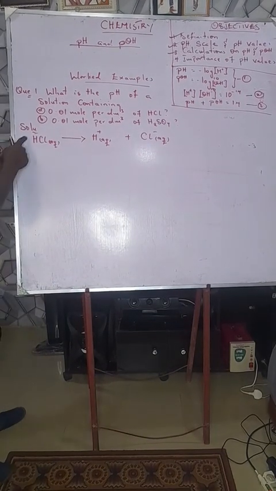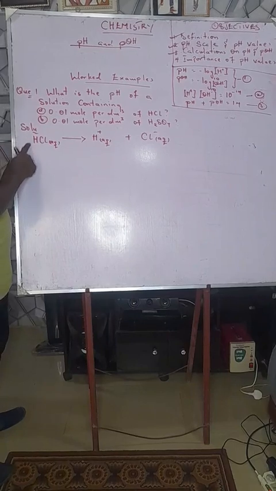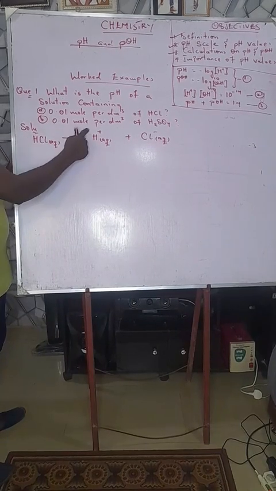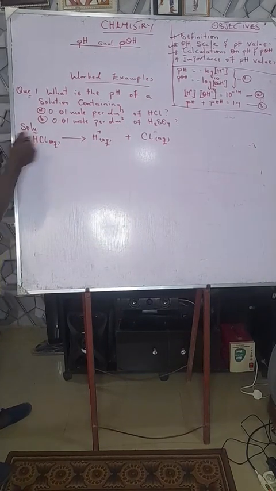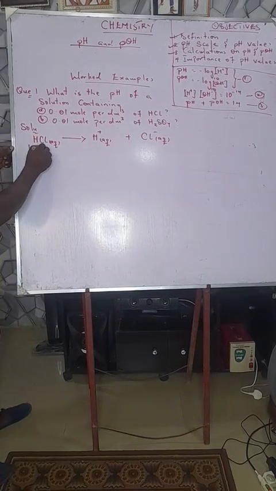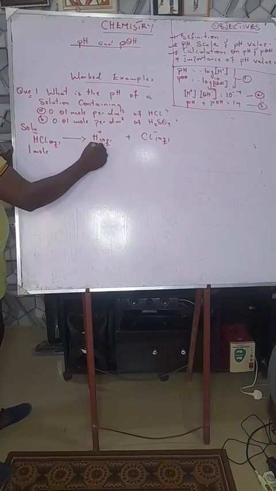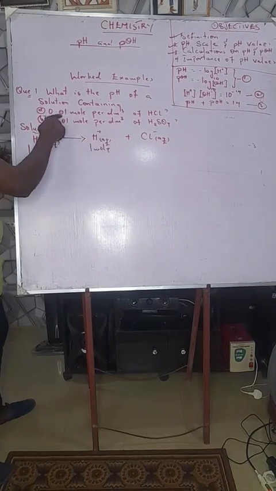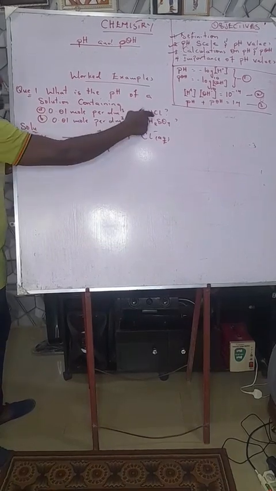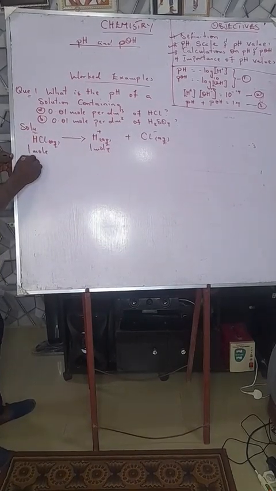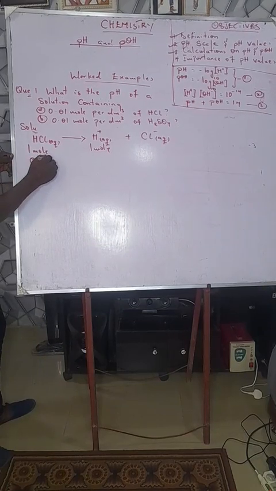But when you look at it, this is 1 mole and this is 1 mole. If this is 1 mole and this one is also 1 mole, then the value of 0.01 given for HCl is for this one, 0.01 mole.